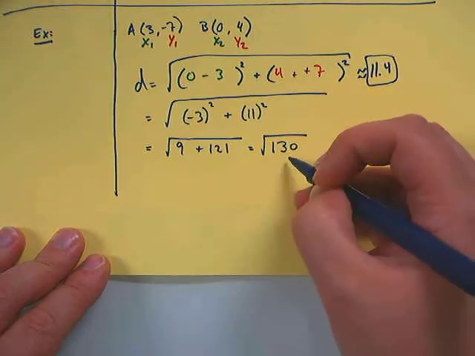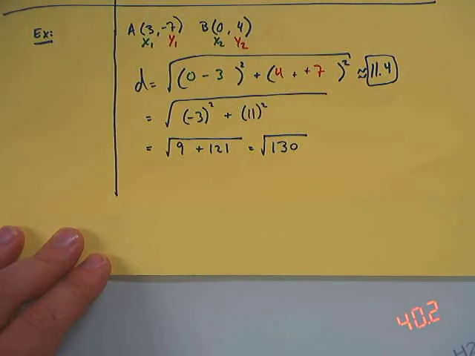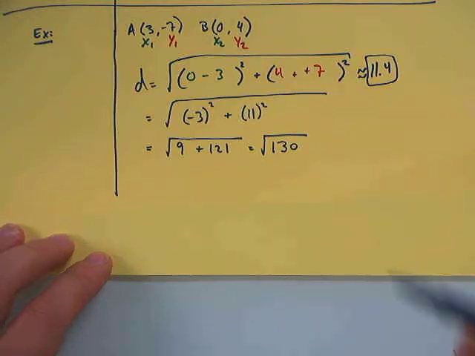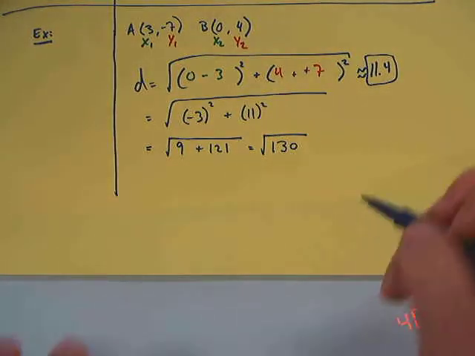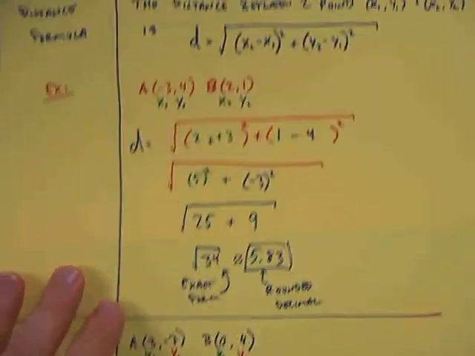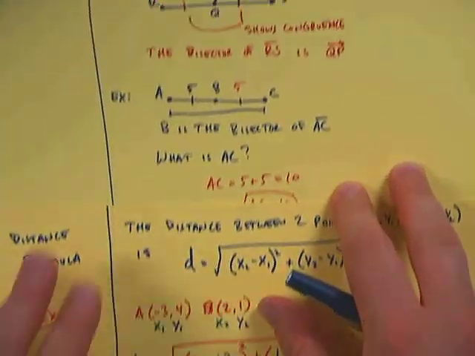So then we have to actually square those numbers. -3 squared is +9. 11 squared is 121. Adding those together, we get the square root of 130. So this would be our exact form of the answer. Either one is fine, but that's what we would do.